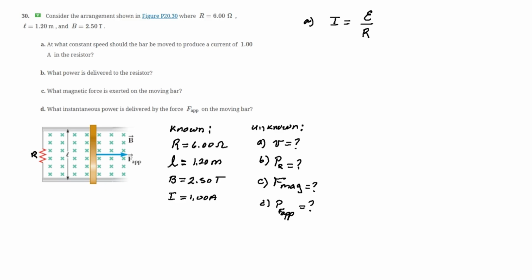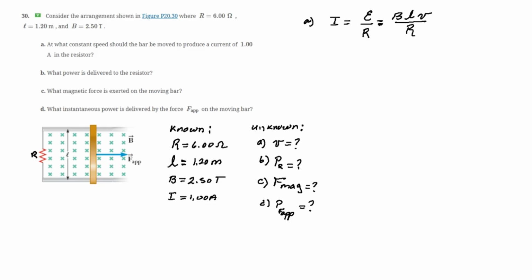For a moving bar, the electromotive force is the intensity of the field times the length times the speed, all divided by the resistance of the resistor.